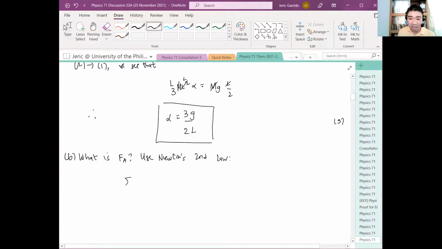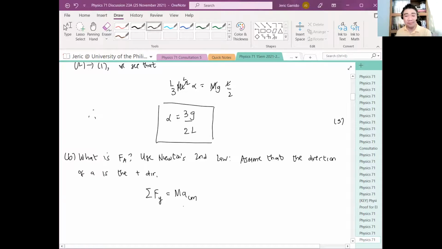So we have summation of forces acting on Y. It's just equal to what? Okay, again, I will assume that the direction of the acceleration is the positive direction. So in that case, summation of forces acting on Y is simply MA of the center of mass.